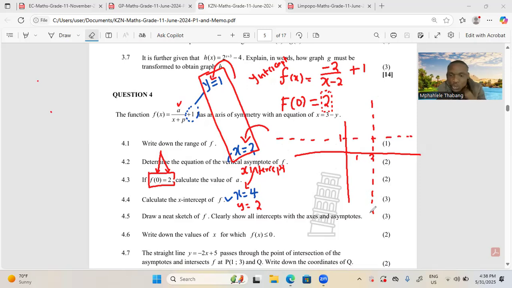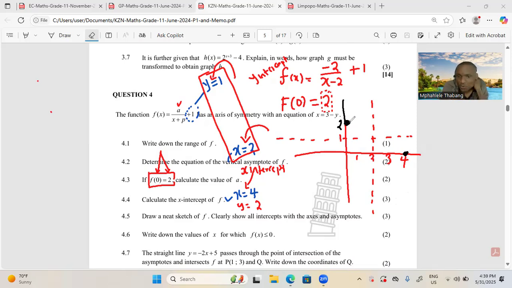Then you also show the intercepts. The x-intercept, we said it is 4, so it's here. The y-intercept is 2, so it's here. We put a point here.